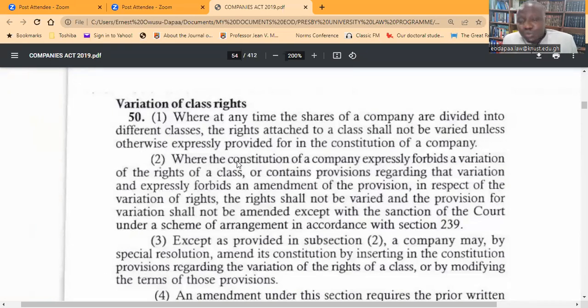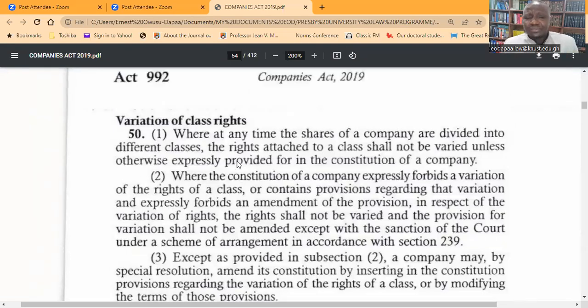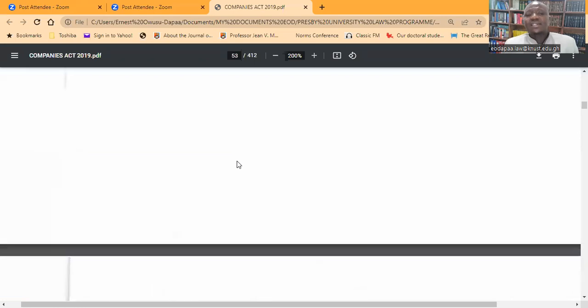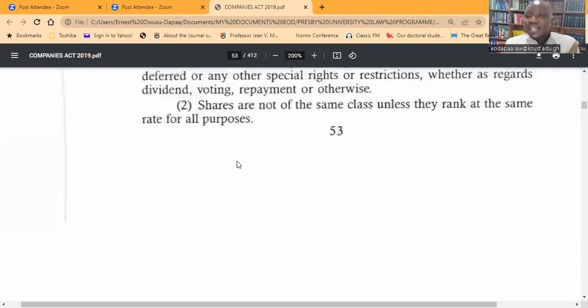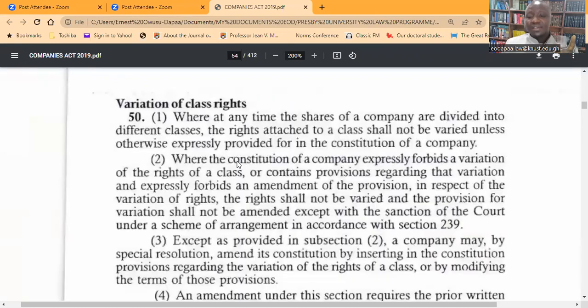They are not immutable. They are changeable. So section 50 provides the rules on how you may vary class rights. And as I said, class rights are nothing more than the rights enjoyed by shareholders in a particular class. And that is why 49(2) told us that shares which rank at the same rate for all purposes are said to be shares in the same class. So let's keep that in mind.